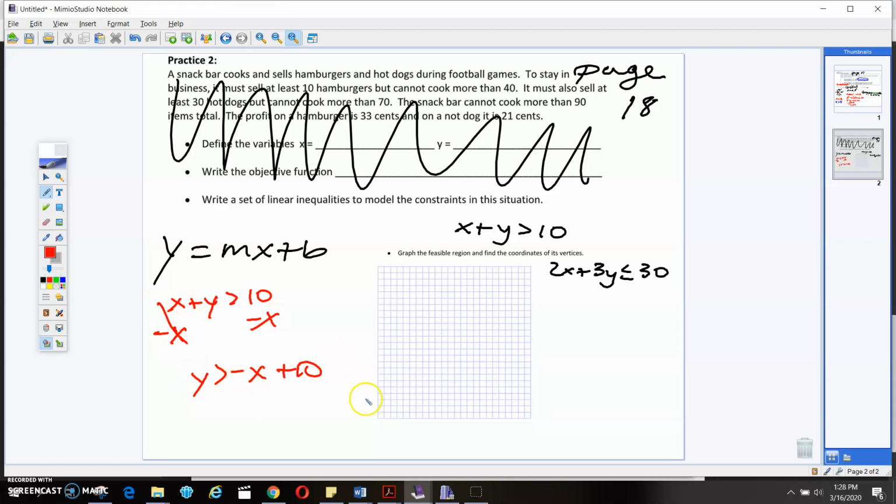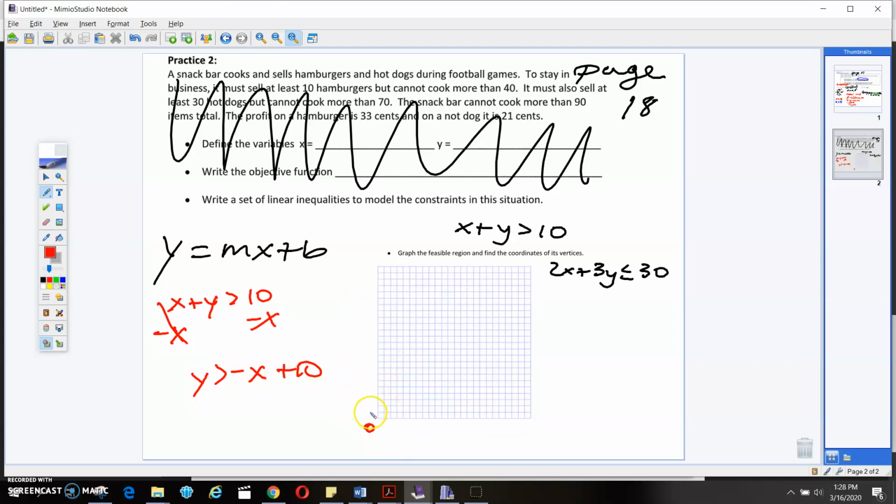Now I'm going to graph this, and I'm going to label the axes. Let's say x is the number of hot dogs and y is the number of hamburgers, or whatever format you want to use.